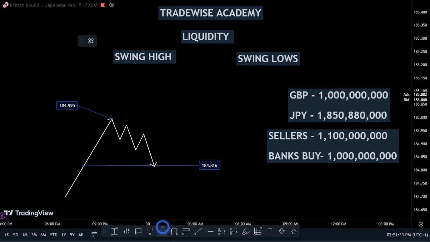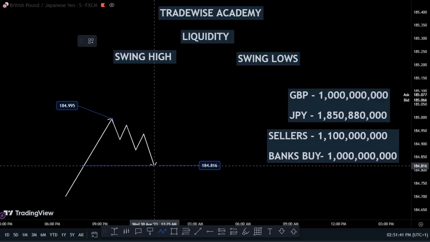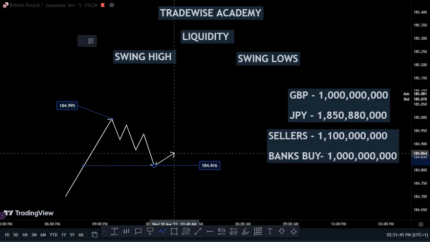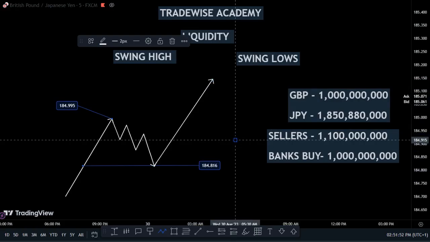So while the sellers are busy expecting to see more profits as the market continues to drop, what happens is the market changes direction and starts pushing back to the upside. Okay, so this is the idea of liquidity and engineered liquidity.